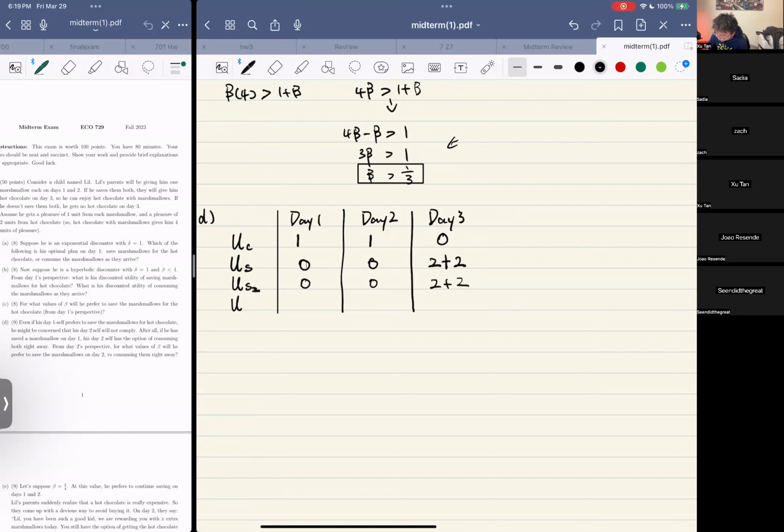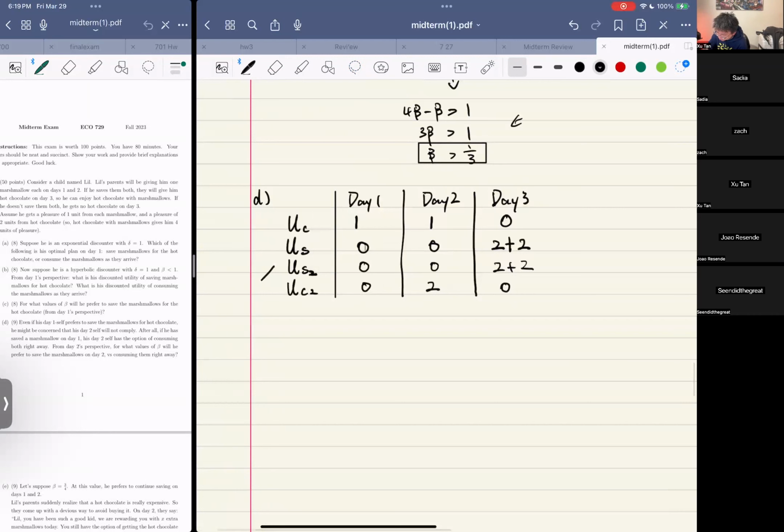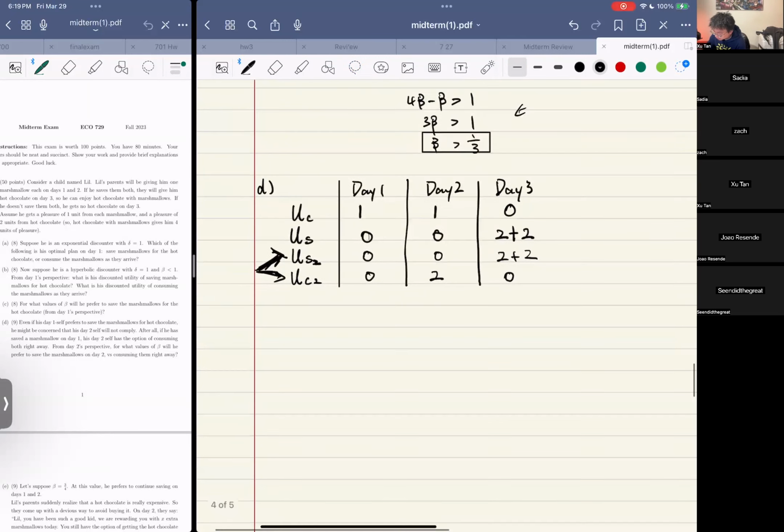If you consume on day 2, it will be you saved for day 1, of course. But at day 2, if you consume on that day, you get 2 units, and you get 0 on day 3. All right, so we're actually comparing these two. Okay, so at day 2 with this box.